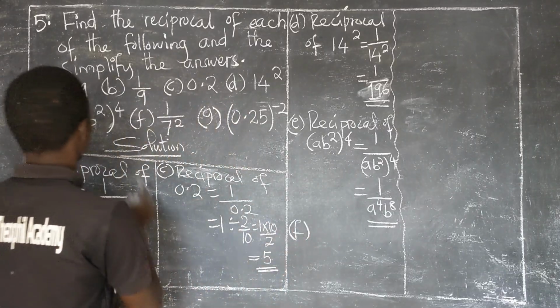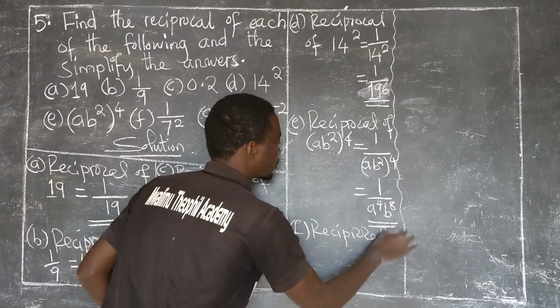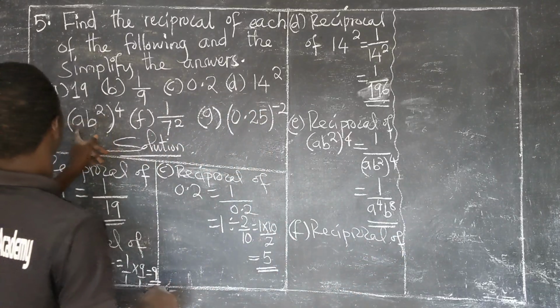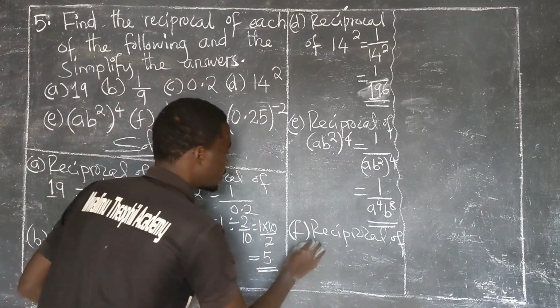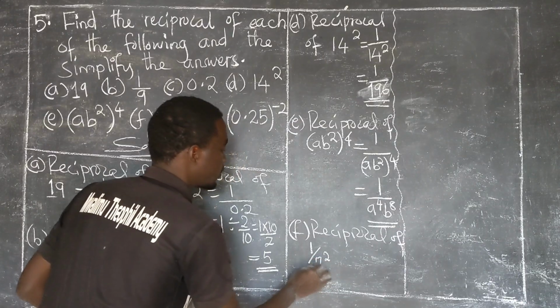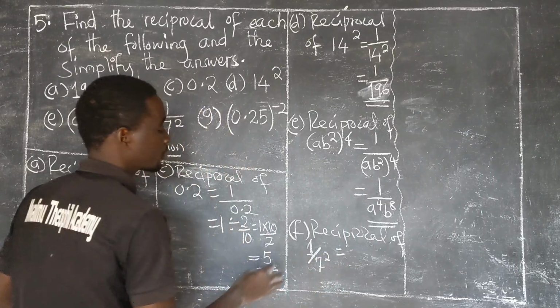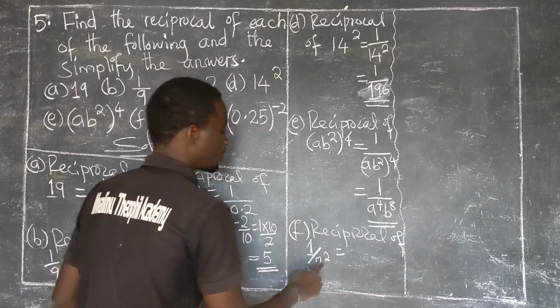F. Reciprocal. You are asked to find the reciprocal of 1 divided by 7 raised to 2. This will be equal to the same, 1 divided by this.